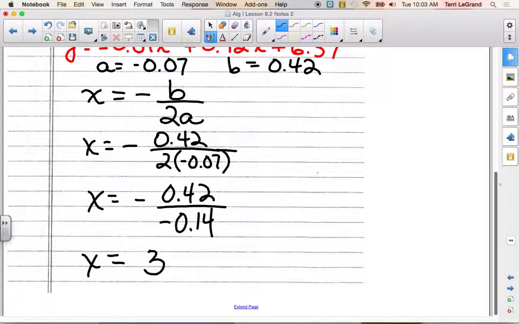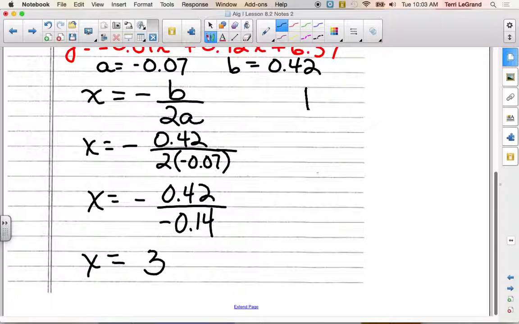And then tell me if you agree with me when you're all done. I get that the x value of the vertex would be 3. Is that what we just found?